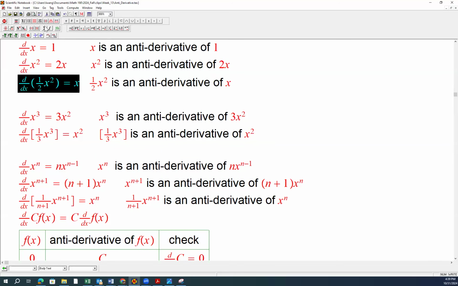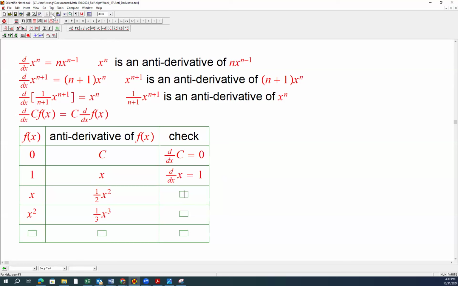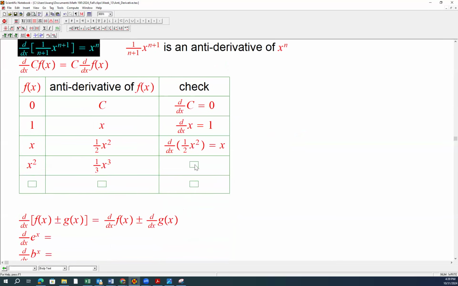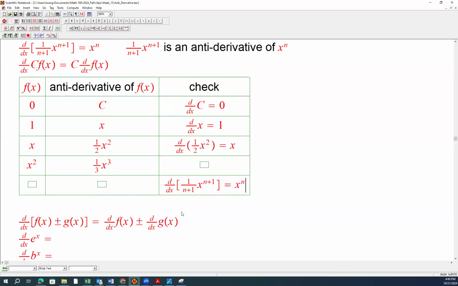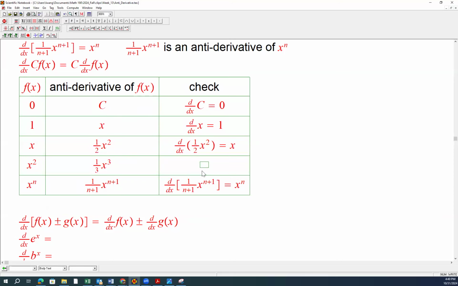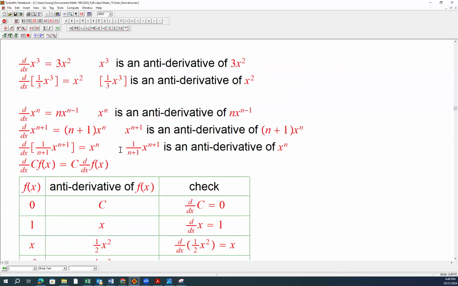And over here, we got this. And finally, when the function is x raised to the power of n, its antiderivative is 1 over n plus 1 times x raised to the power n plus 1. Now we just put this together.